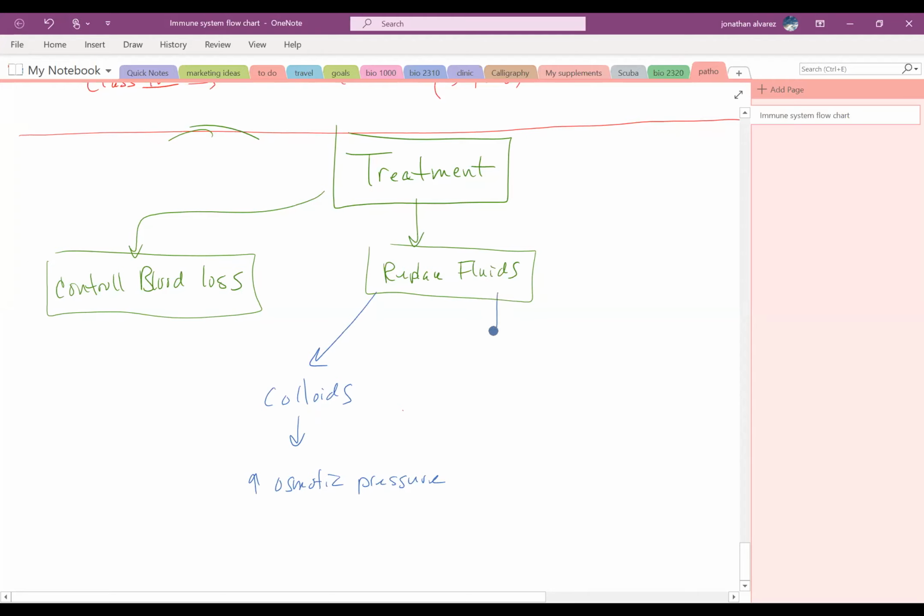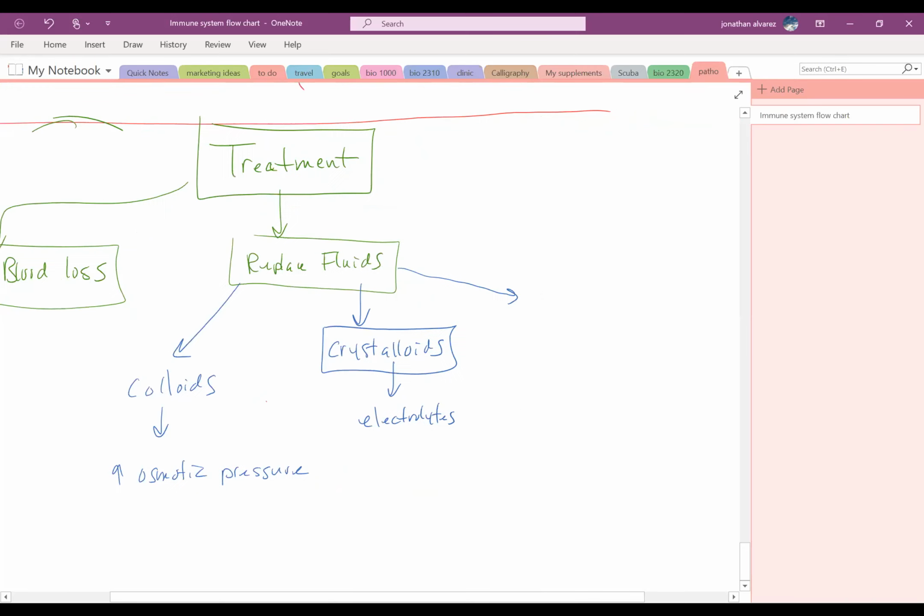You can do it through crystalloids, which contain electrolytes. And you can do it through transfusions.